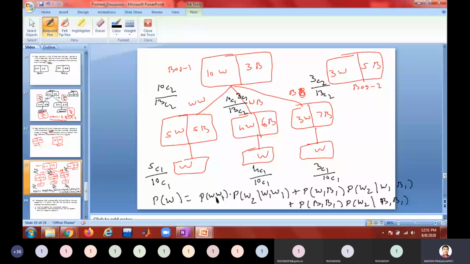So what will be the answer in this case? I'll just write here the probability of W2, drawing a white ball from the second bag.